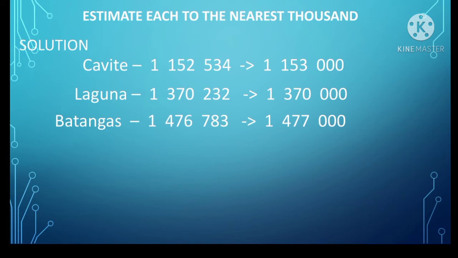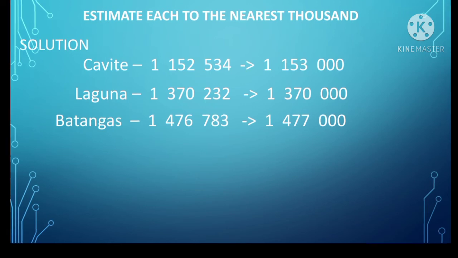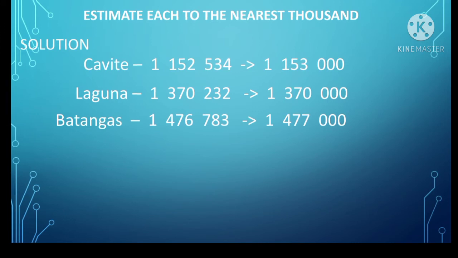Next is Batangas. 1,476,783 to 1,477,000. Since the place value of the nearest thousand in the data given by the students, 1,476,783, is the 6, and the number right beside 6 is 7.